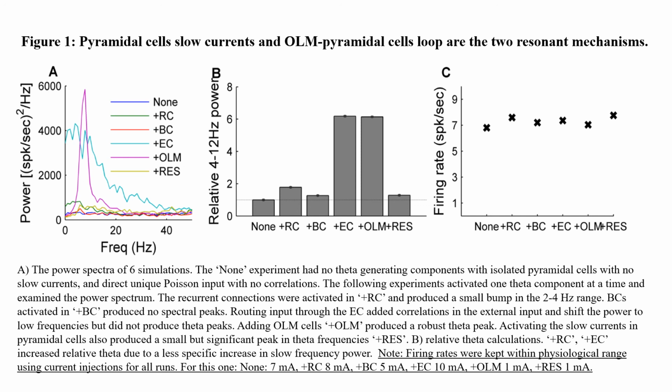Routing input through the entorhinal cortex added correlations in the external input, and shifted the power to low frequencies but didn't quite produce theta. Adding the OLM cells in the plus OLM experiment produced a robust theta peak, and activating the slow currents in the pyramidal cells also produced a small but significant peak in the theta frequencies in the plus RES experiment.